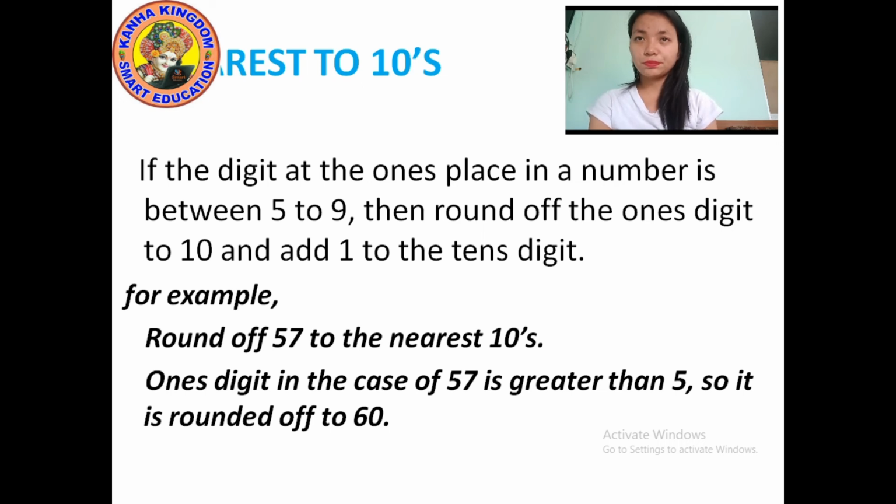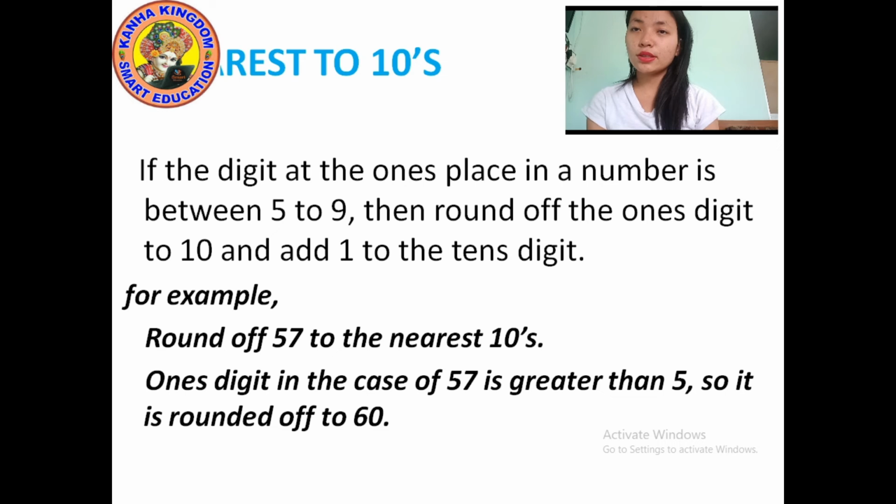For example, round 57 to the nearest 10. Look at the ones place in the number 57. You will find there is 7.